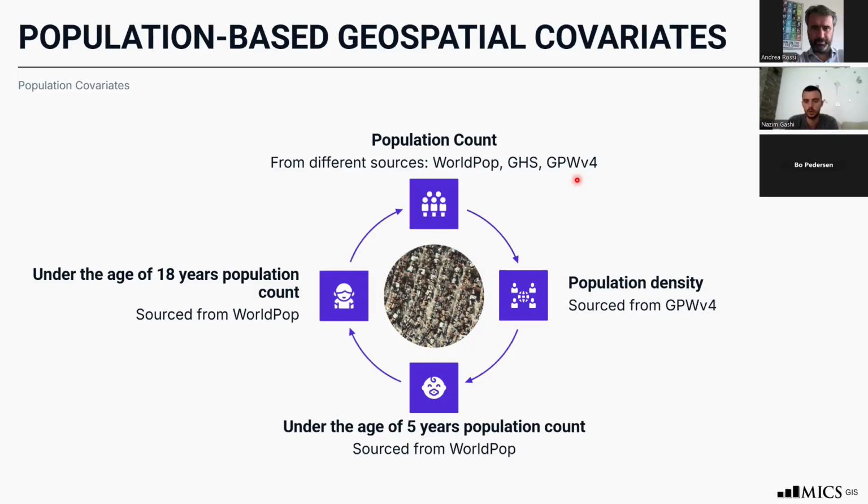And again, this one comes at the resolution of 1 by 1 kilometer, or per square kilometer pixel. So the GPW comes for the years 2000 to 2020. For the population density, we are using the data coming from GPW version 4.11, again at the 1 square kilometer resolution.